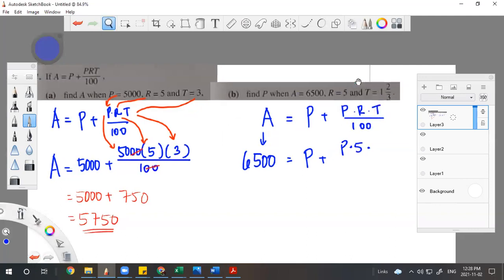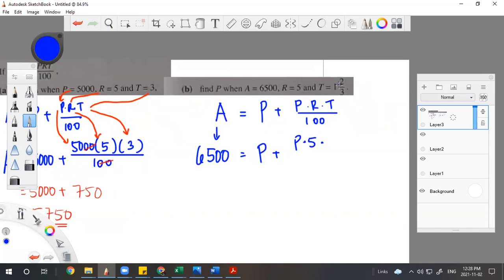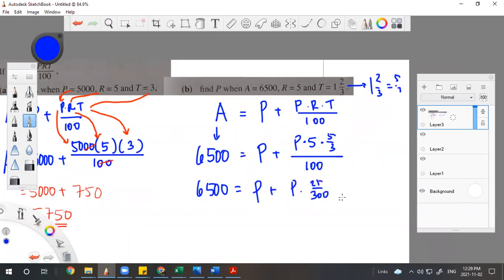T is 1 2/3. Kita bikin jadi improper fraction. Jadi 5/3 ya. This 1 2/3 becomes 5/3, over 100. Oke, coba bikin lagi. So 6,500 equals P plus, nah ini kan P times 25/300. Benar nggak?